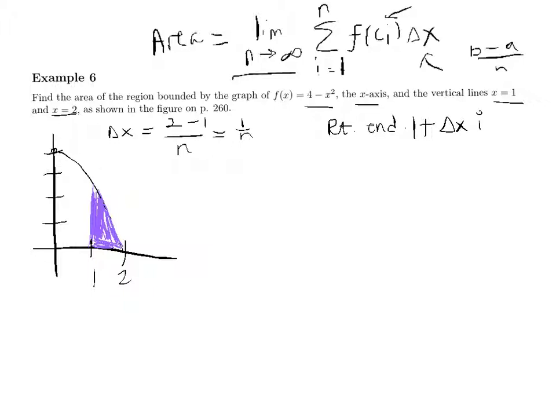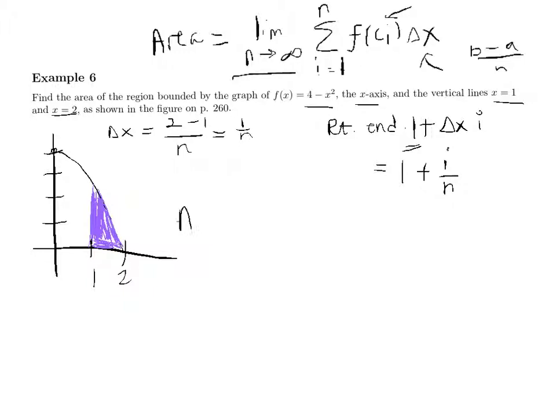So we have to have our a, whatever value we start with to begin, plus delta x times i, which when we had graphs that started at 0, we still had that, but it was 0 plus delta x i, which is just delta x i. So in this particular case, it's 1 plus i over n.